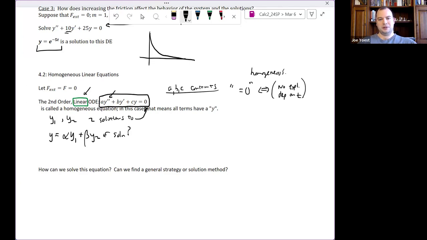For this linear differential equation, it is, and that's why we call it a linear equation. Why is that? Well, a times y double prime is alpha y1 double prime plus beta y2 double prime, plus b times alpha y1 prime plus beta y2 prime, plus cy.